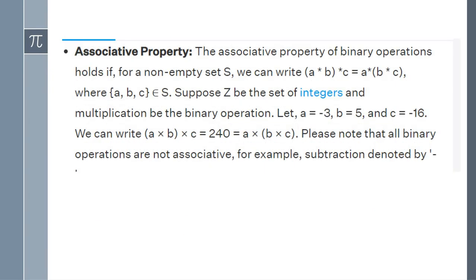associative property. So the associative property of binary operations holds if for a non-empty set S, so dapat ang atong set dili gid siya empty, we can write A star B star C. Pwede sad siyang mahimong A star B star C, where A, B, and C is part of S. Suppose that Z, set of integers, and multiplication be the binary operation.